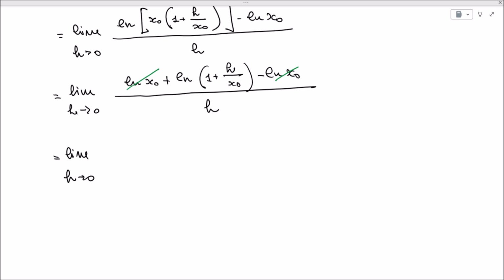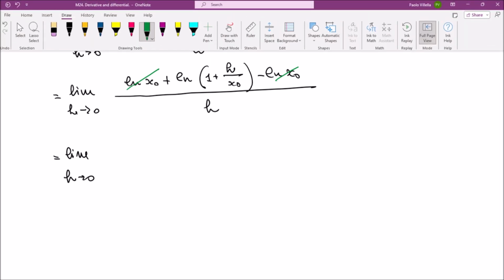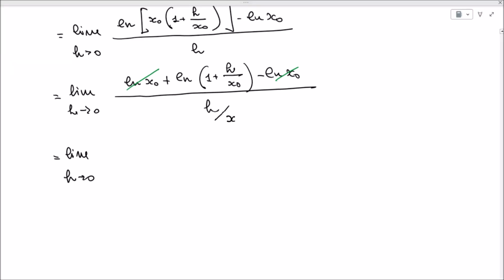And now we recognize that there might be a fundamental limit in this expression. So we might want to have x naught here, which is just like multiplying by x naught here. Now we see that we have the logarithm of 1 plus h divided by x naught, divided by h divided by x naught.